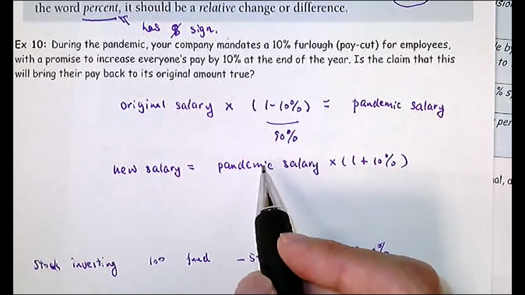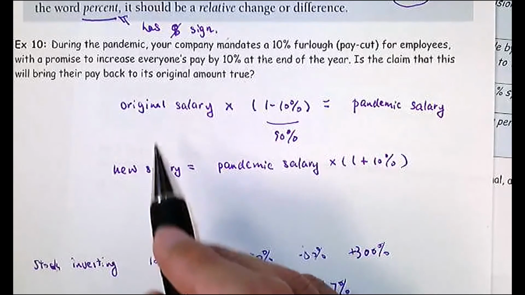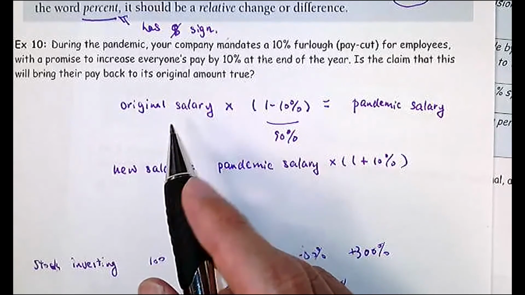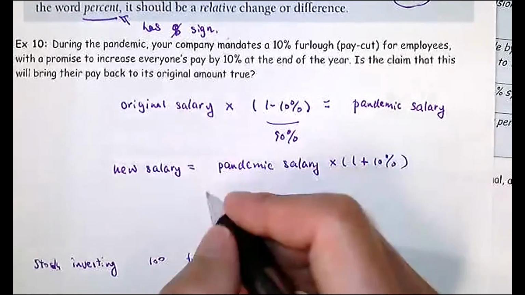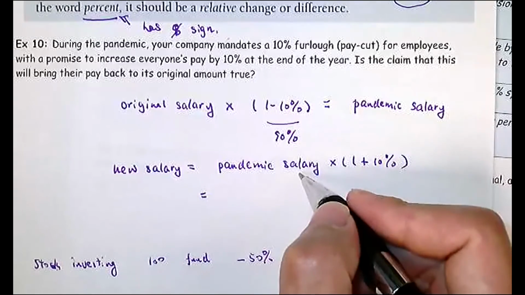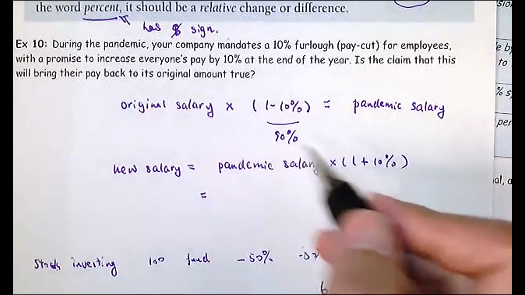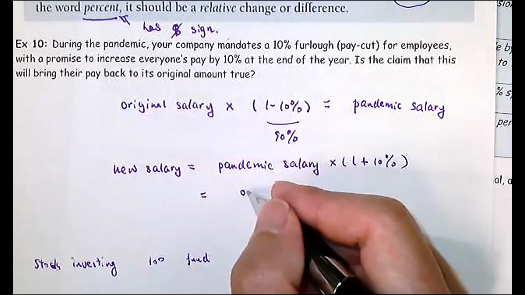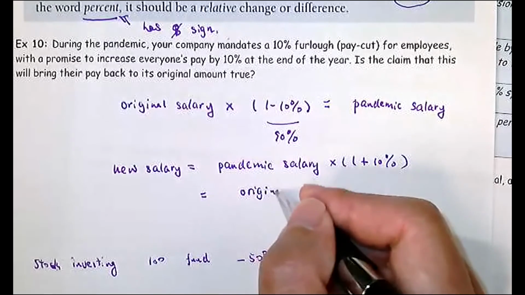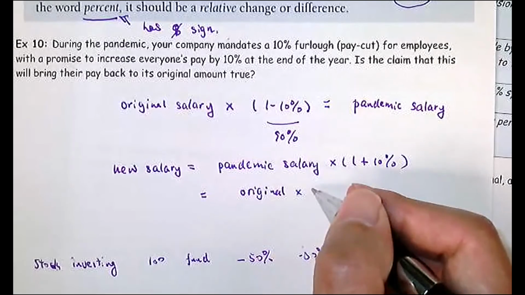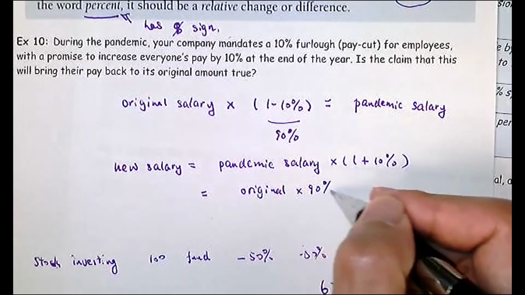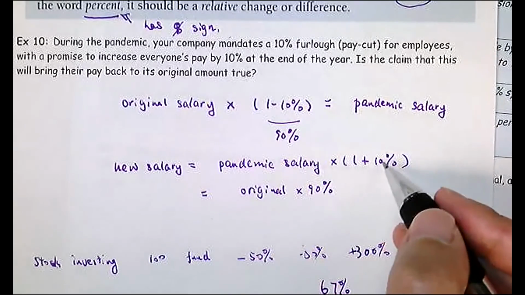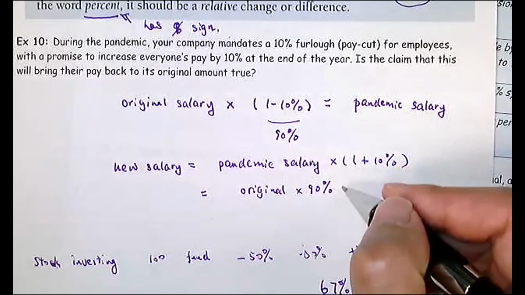So what we need to do, we need to compare the new salary with the original salary to see which one is higher. Are they equal or not? So pandemic salary, we already know is 90% of the original salary. So this is original times 90%. Now you also times 110%.